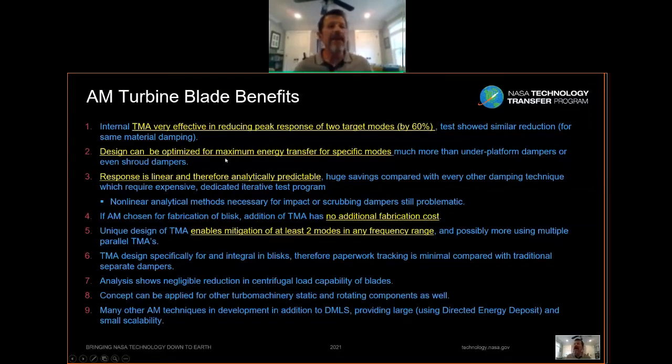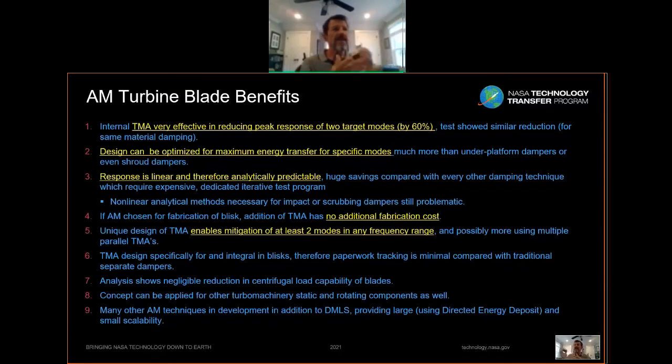The design can be optimized for maximum energy transfer for specific modes, and that's because the absorber is placed on a location on the blade where you have a lot of motion. Under platform dampers, which are basically every other damper except for maybe shroud dampers, are placed in locations where you have very little motion, so you have very little energy transfer.